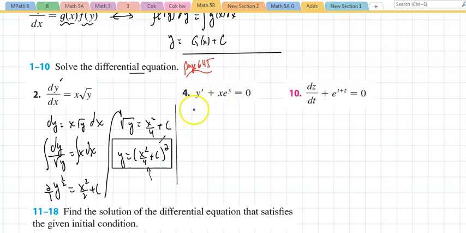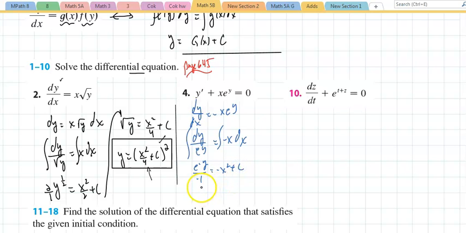On number 4, the same idea applies. I'm glancing at this and thinking this is dy dx equals negative x e to the y. So dy over e to the y equals negative x dx. I was able to separate those. I integrate. That's e to the negative y over negative 1 equals negative x squared plus c.